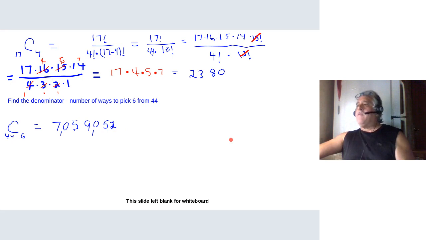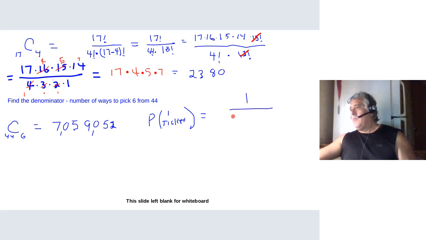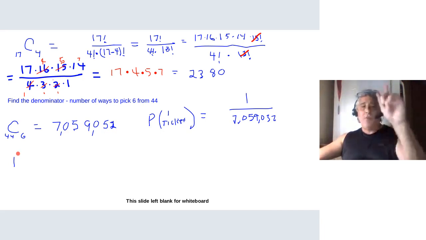All right, now, if you're just buying one ticket, that means you're picking just one of those. You just got one. One over 7,059,052, because there's just going to be one.